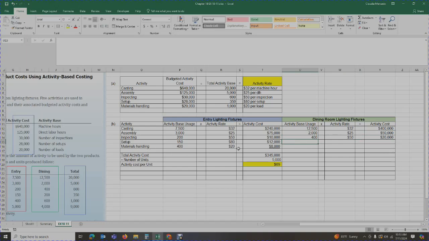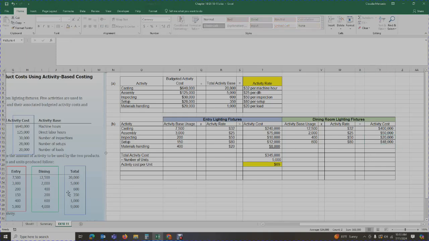For the setup, we have 600 setups at $80 per setup, that's going to give me $48,000. Let me see. I'm sorry. We have 400.